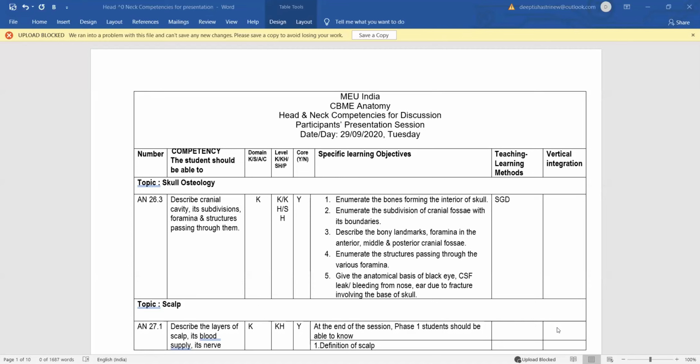So depending upon the type of framing we are doing, we can categorize them into different proficiency levels, depending upon what we want to extract from the student at the end of the session. When we go to the next step, that is, when we are aligning the assessment also, this content point should be more highlighted, I feel, ma'am.